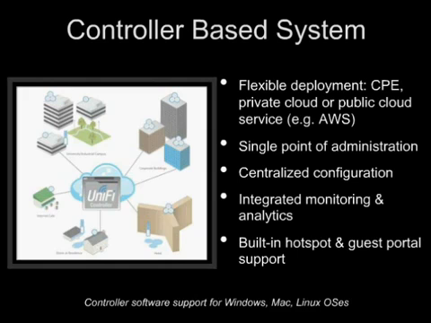You can deploy it in your private cloud if you have your own data center, or you can deploy the controller in a public cloud service like Amazon Web Services. And this controller gives you a single point of administration. It allows you to do centralized configuration, discovery, upgrading. It has integrated monitoring analytics. It has full hotspot and guest portal capabilities. So it's a full enterprise-class controller, just implemented in software.